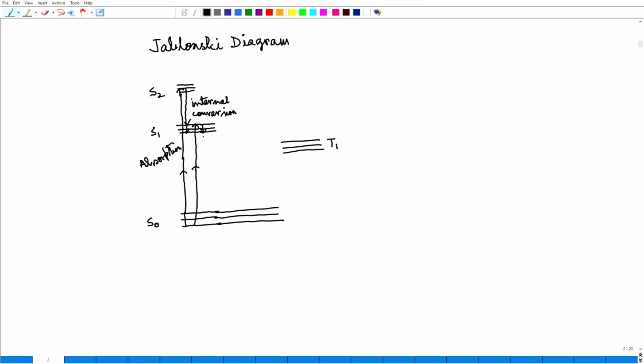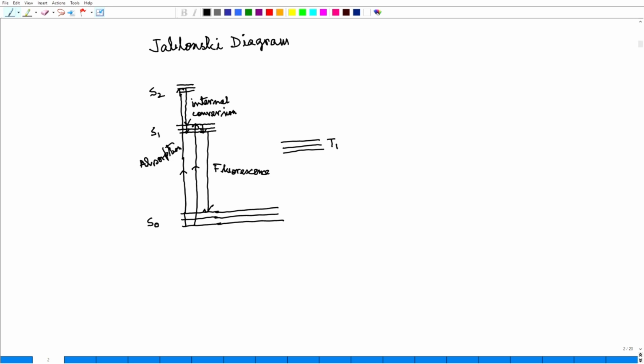So, from the vibrational ground state in the first excited electronic state, the molecule will come down giving fluorescence.